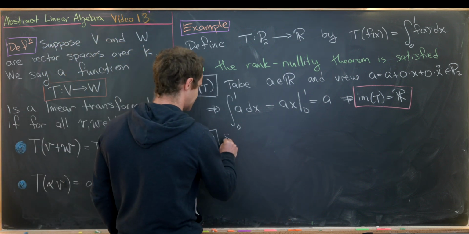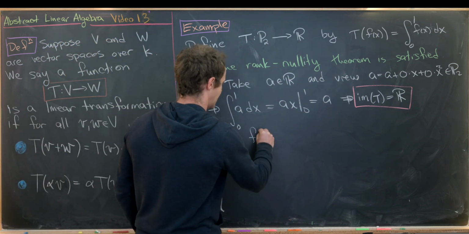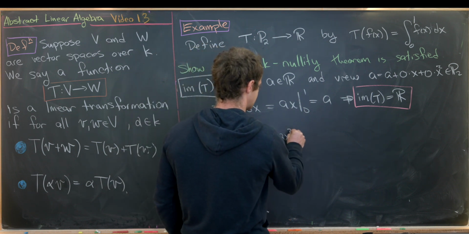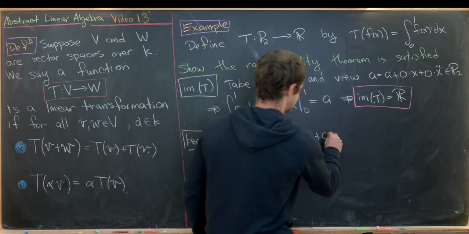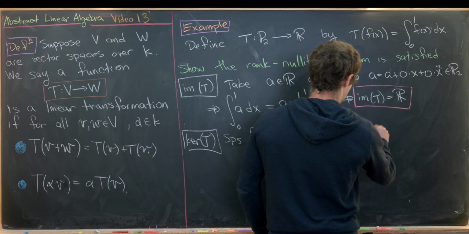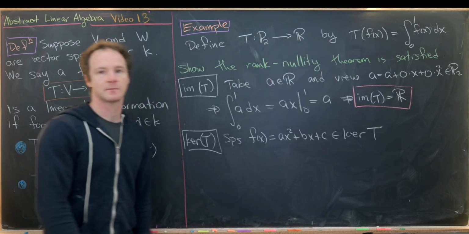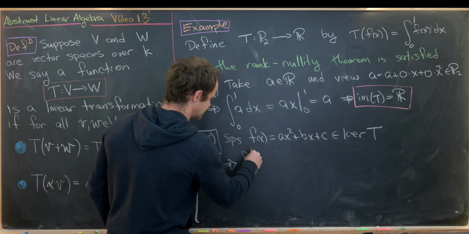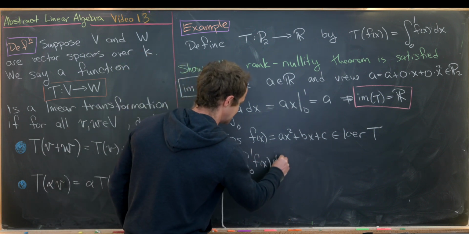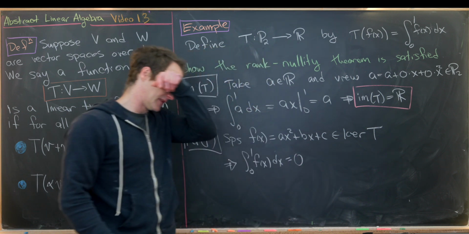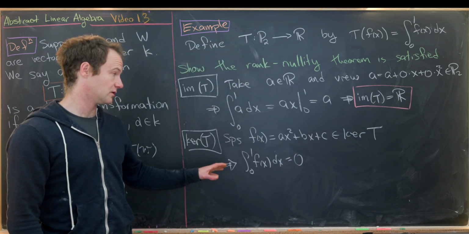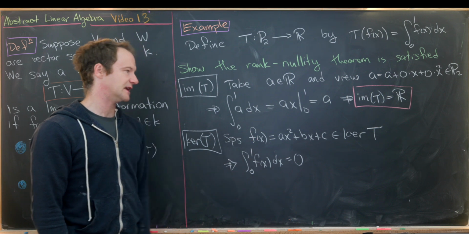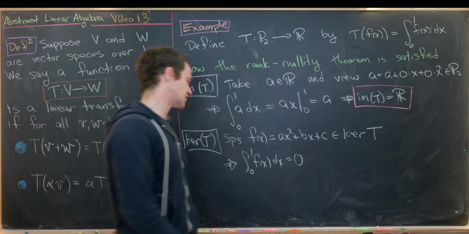So let's suppose that f of x, which equals ax squared plus bx plus c, is in the kernel of T. Okay, but notice that means that the integral from 0 to 1 of f of x dx equals 0. That's the entry fee to be in the kernel. You are evaluated at our linear transformation and get 0.